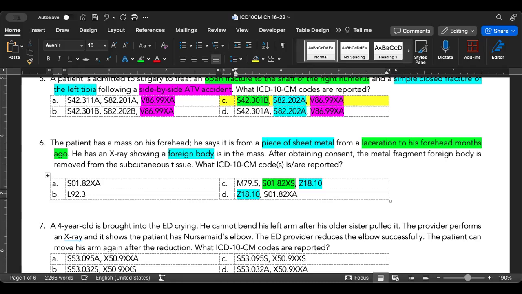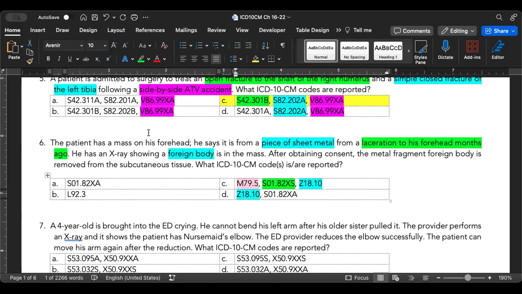So we have the Z18.10 that's telling it's a metal fragment, right? But we need to kind of know where that metal fragment was. So we'll go to foreign body, and then you'll go to N and then soft tissue. So the M79.5, right? So the M79.5 is telling us that there is a foreign body within the soft tissue.